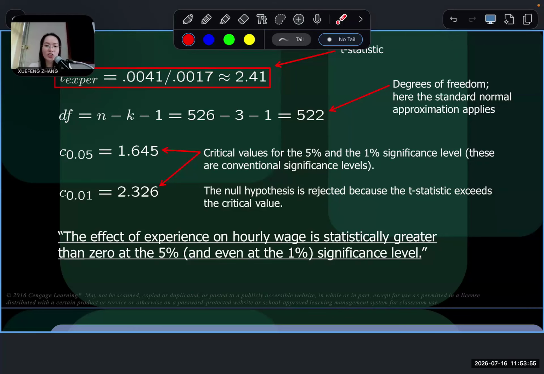That's why we can just use normal critical values here. Okay, so let me write it down.